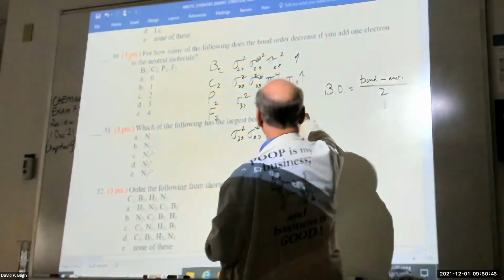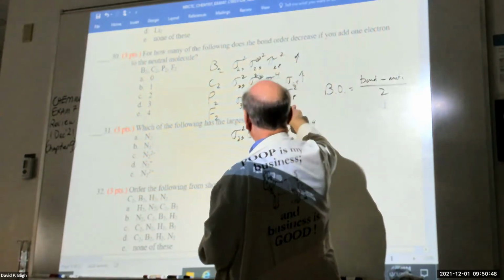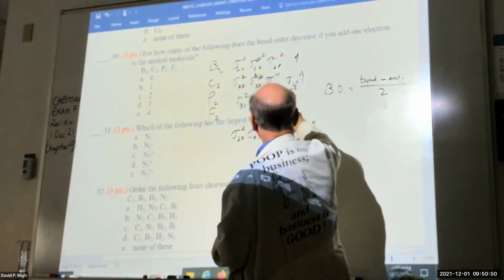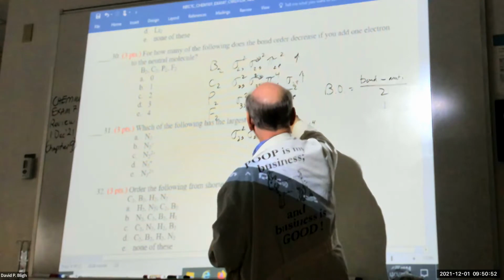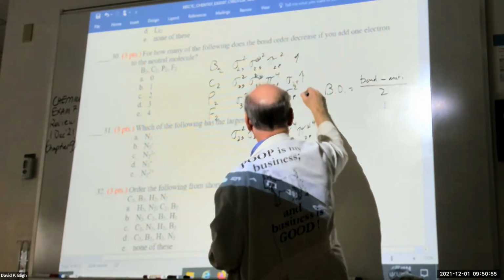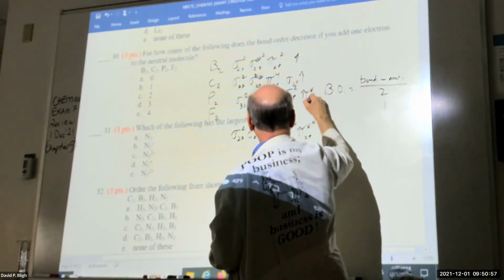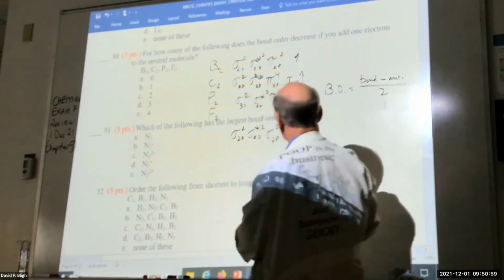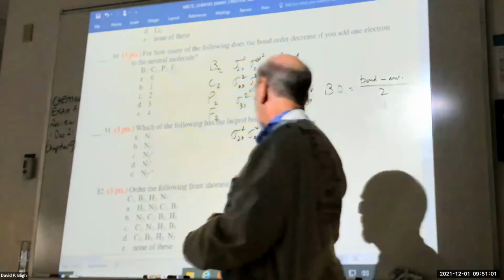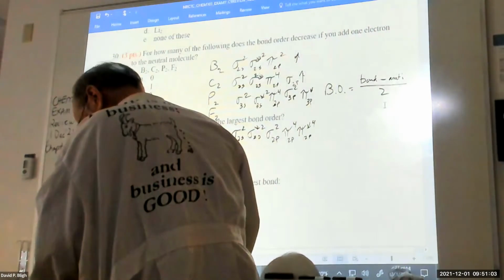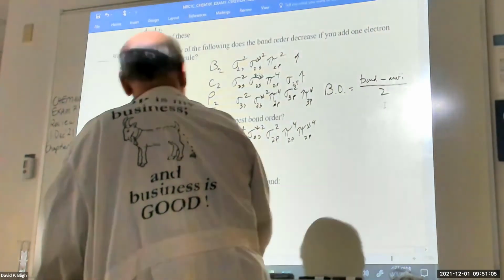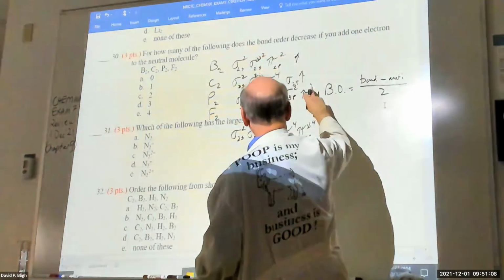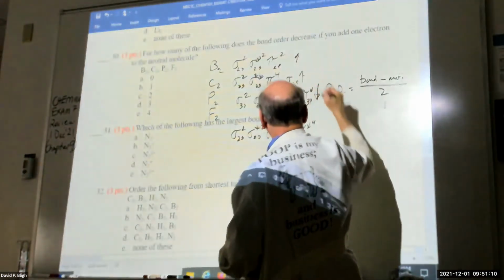This one, that one's full, right? So we have pi, sigma, pi star is our next one. Is that right? Because it's got mixing? Yep. If we add one to this one, it's going to decrease the bond order.